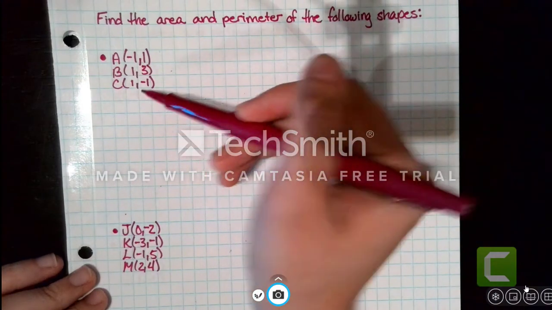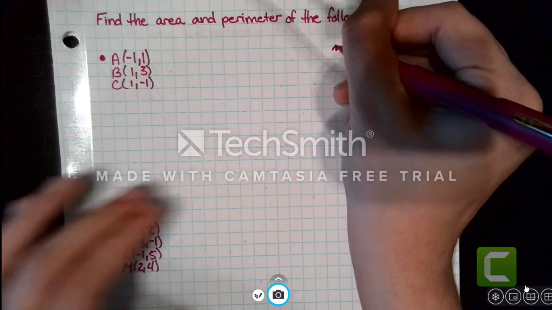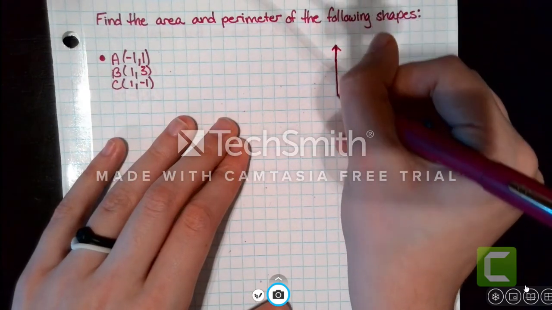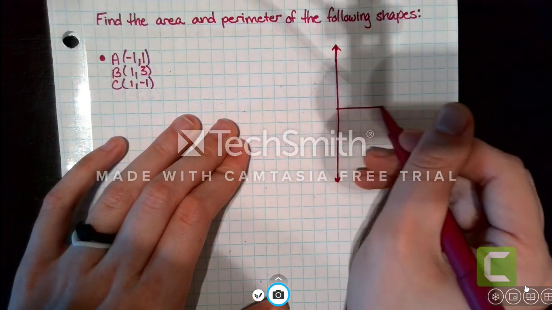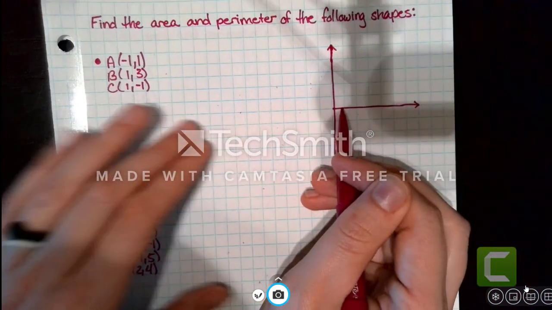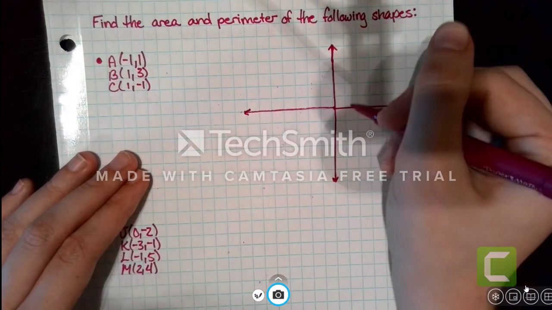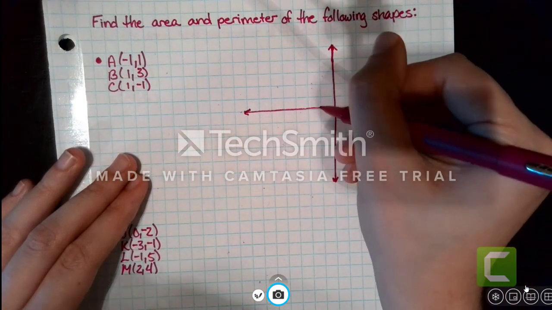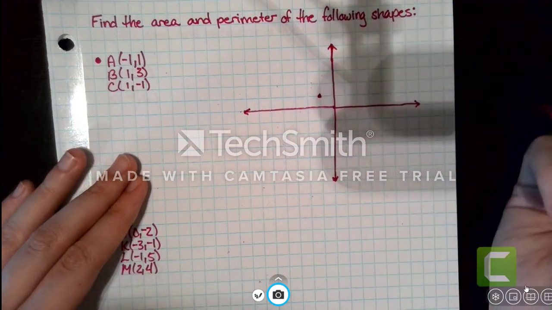So if I were to do this, we need to first graph our coordinate points. So draw a little coordinate plane on your notes, just like this, with A being at -1, 1. So you should be in the upper left quadrant of your graph.